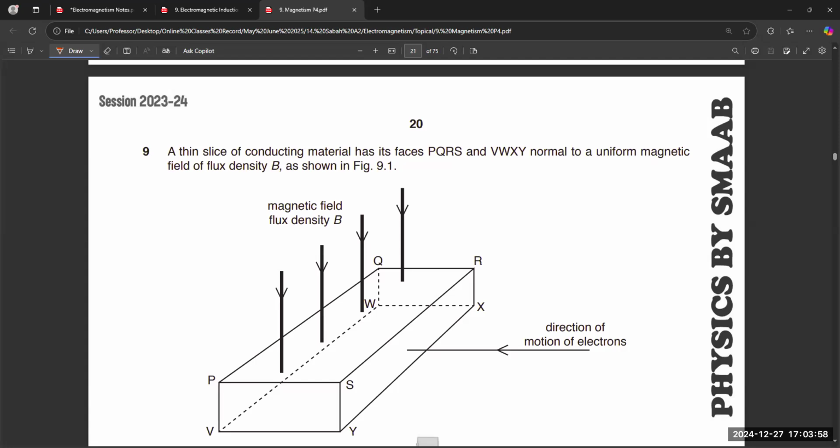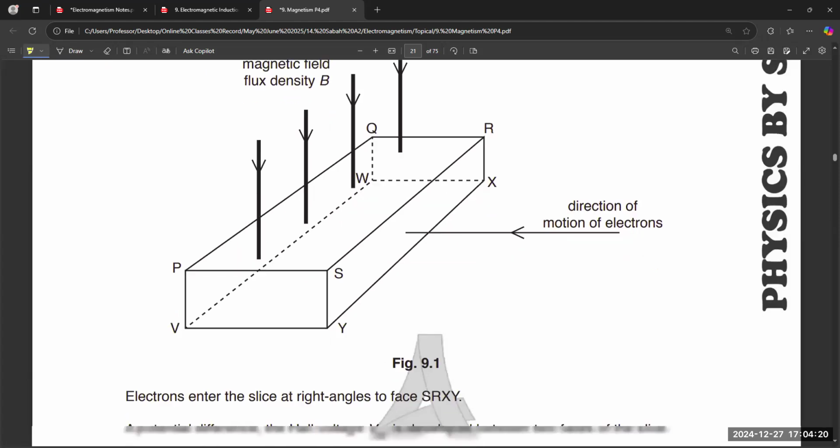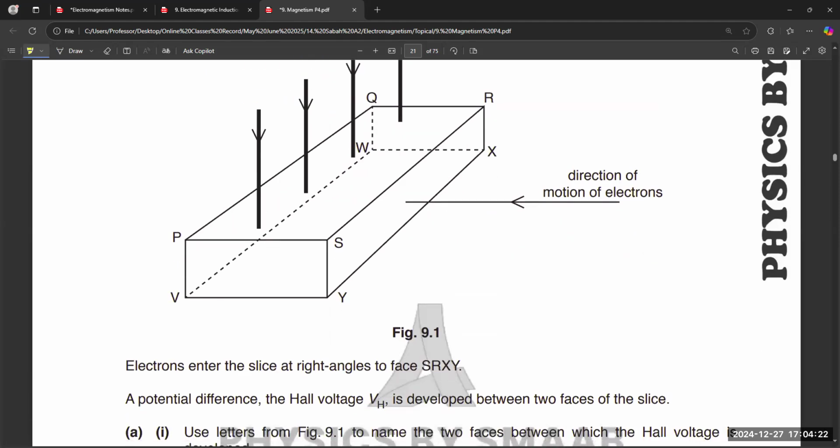In this diagram, again we have a thin slice of conducting material, which has its faces PQRS and VWXY normal to a uniform magnetic field of flux density B. In the previous question, you observed the electrons' directions were from left to right.